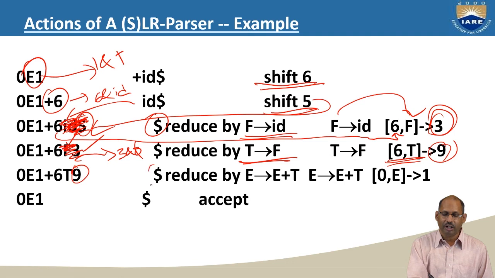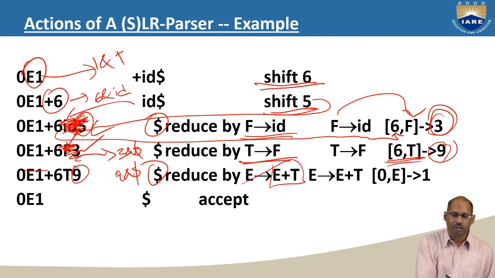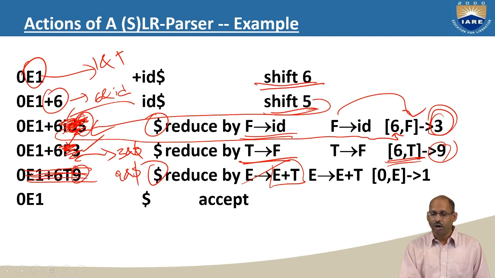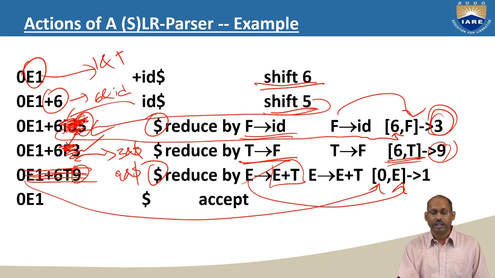Now 9 and dollar. What is it giving? 3 elements. 3 elements means remove 6 elements. Now E and this 0 in the goto table, which gives 1.